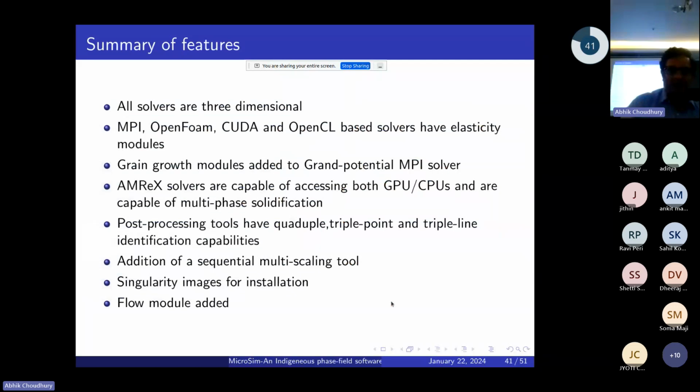So in summary of all the features that are available, essentially all our solvers are three-dimensional. That means you can do realistic problems. We have the capability to parallelize using MPI, the classical message passing interface, CUDA, OpenCL, and as well as use OpenFOAM and AMReX type multiphysics solvers.